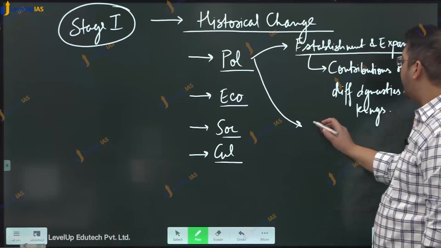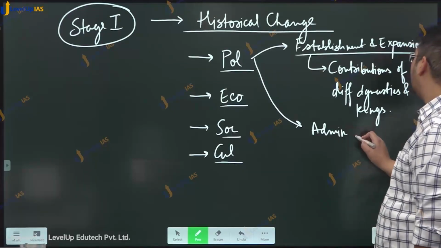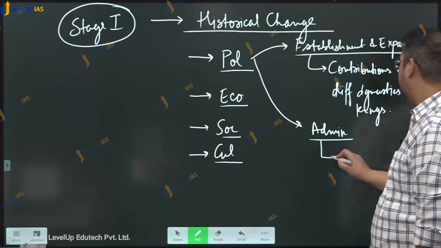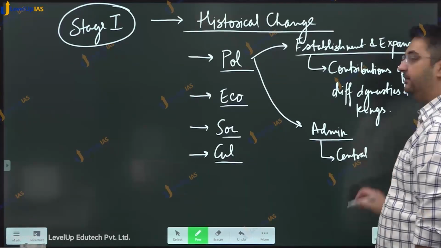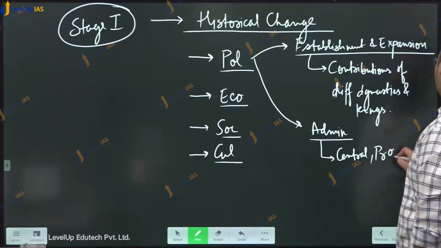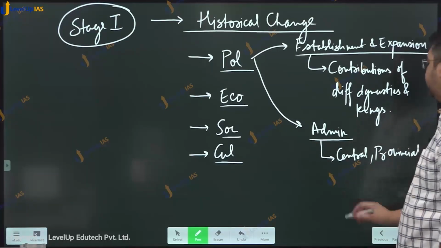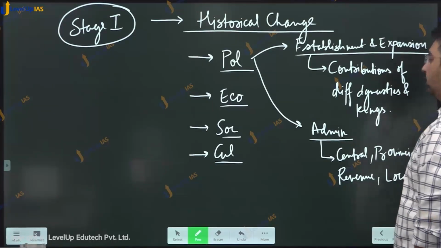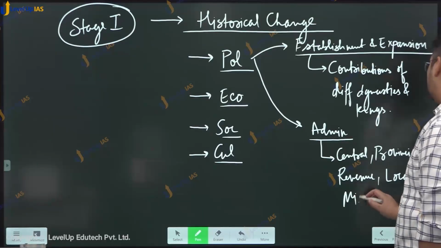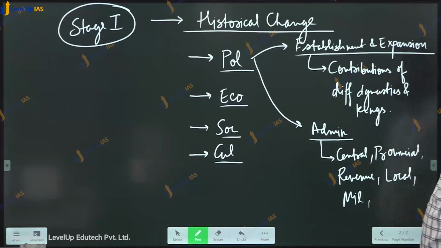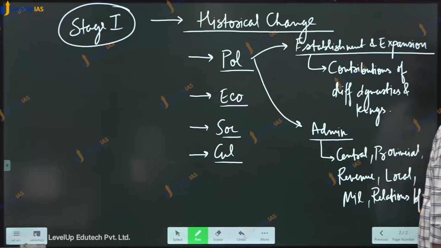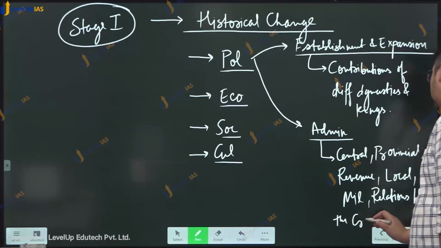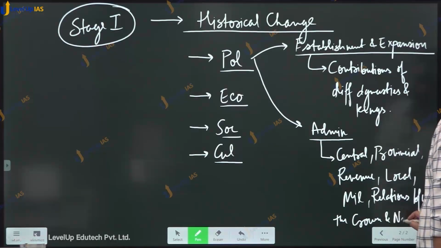Secondly, we need to take a look at the administrative setup, including central administration, provincial administration, revenue administration, local administration, military administration, and the relation between the crown and nobility.